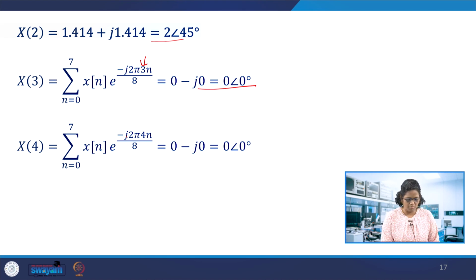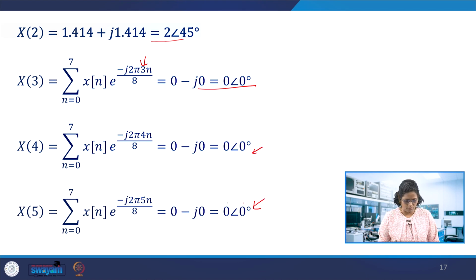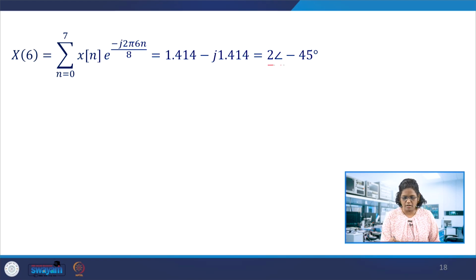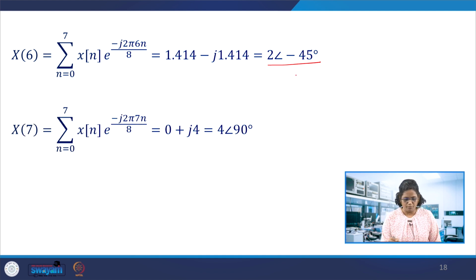X[k] is the sum of x[n] e to the power minus j 2 pi k n by N, so this is also 0, and then 5 is also 0, not giving any outputs here, and 6, yes, has some value, but there is no sixth harmonic in this. Why 6 is giving a certain value, and 7 similarly has some values for angle 90. So we have computed k from 0, 1 up to N minus 1, which is 7.